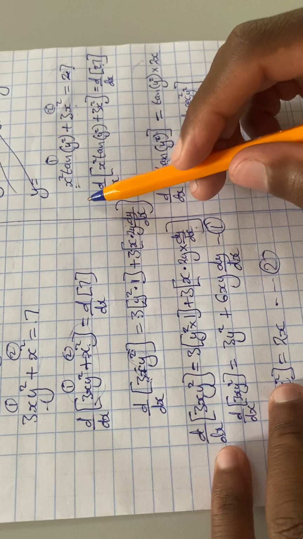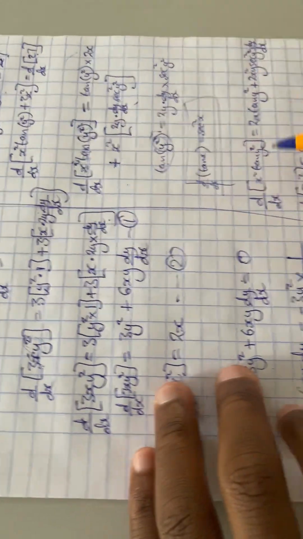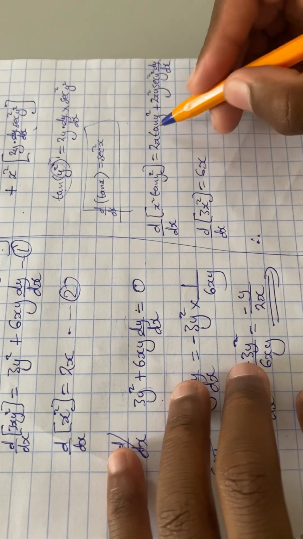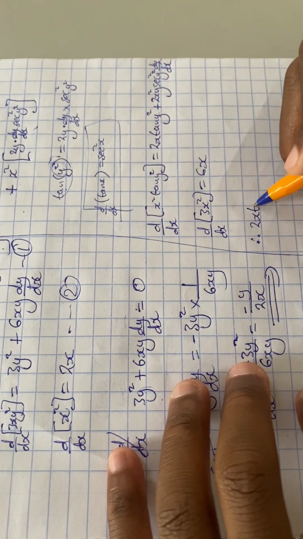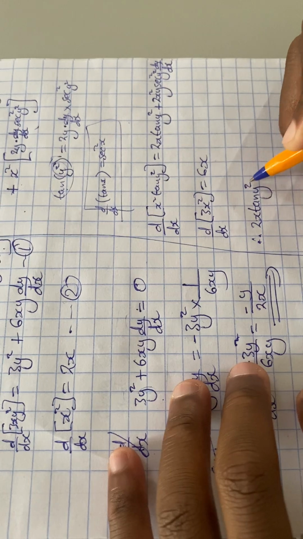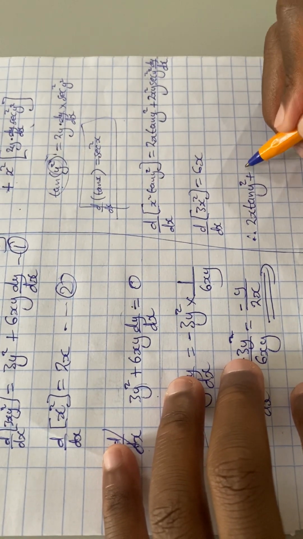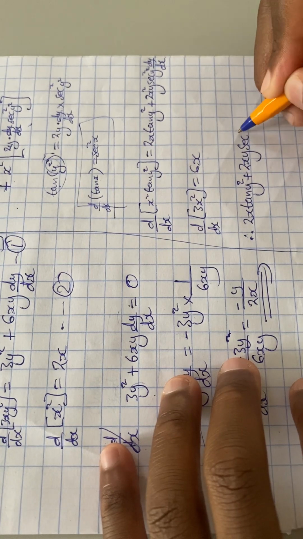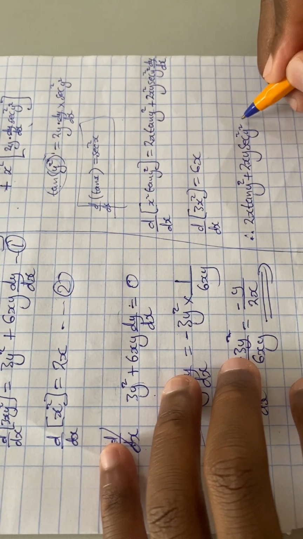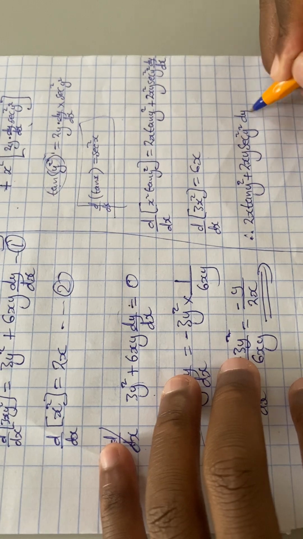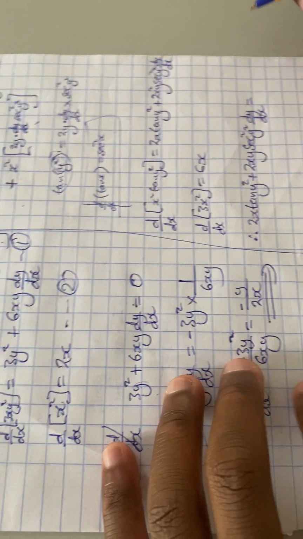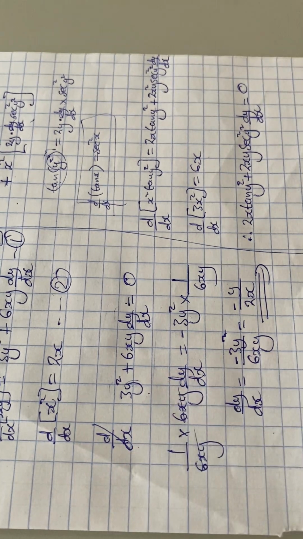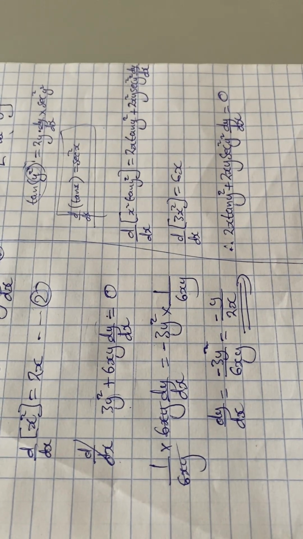So the first derivative of this entire function is 2x tan y squared plus 2xy sec squared y squared dy dx equals 0.